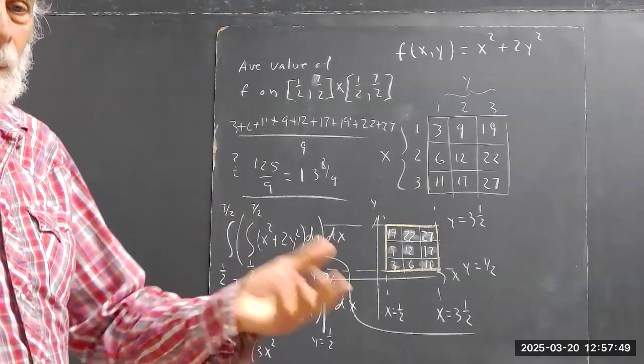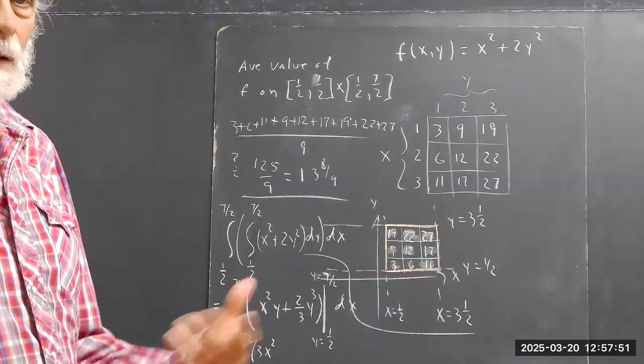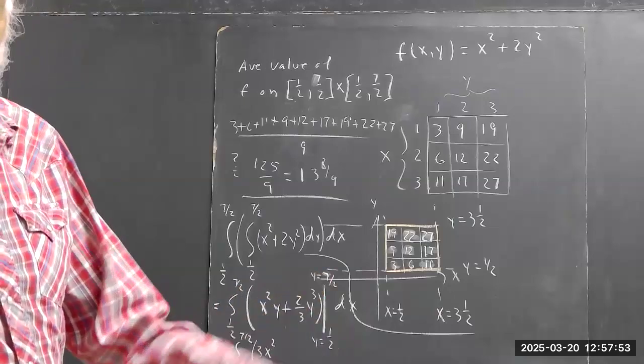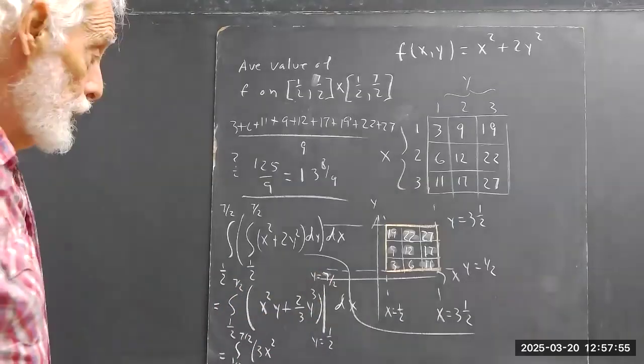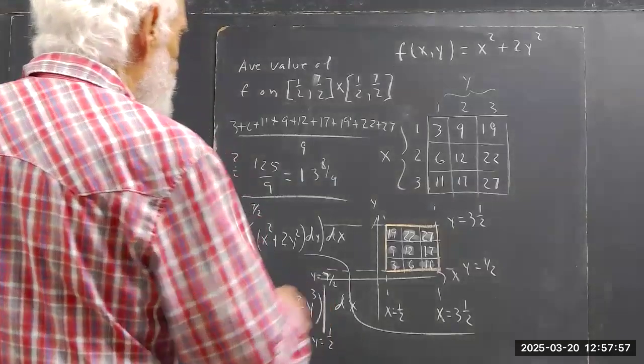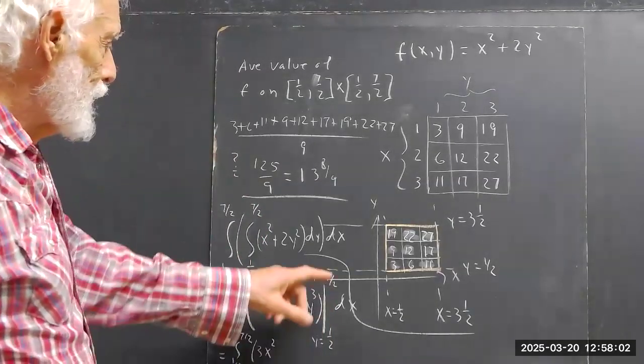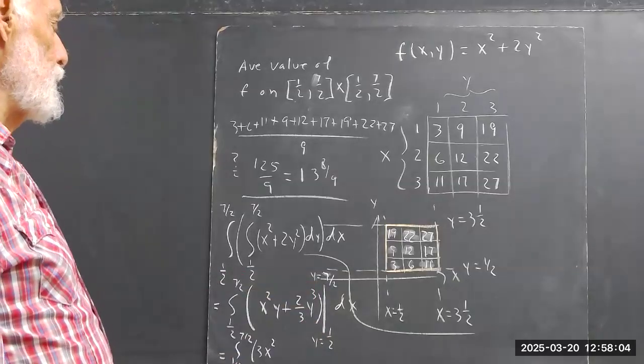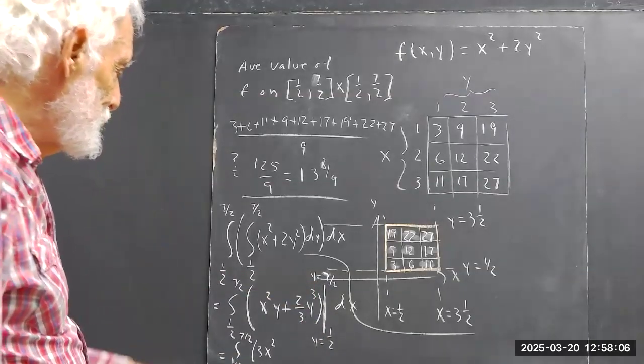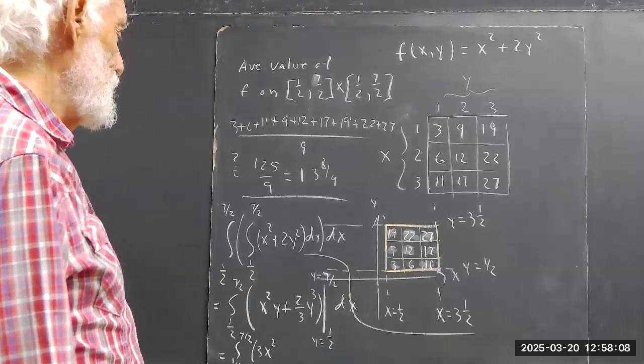And as you work through examples, the integrals here are fairly simple if you remember how to do it, okay? Now 2/3 of y cubed. Well, that's a little more complicated. 7/2 cubed is 343/8. And 1/2 cubed is 1/8.